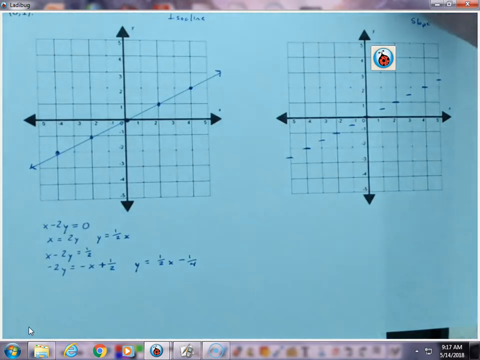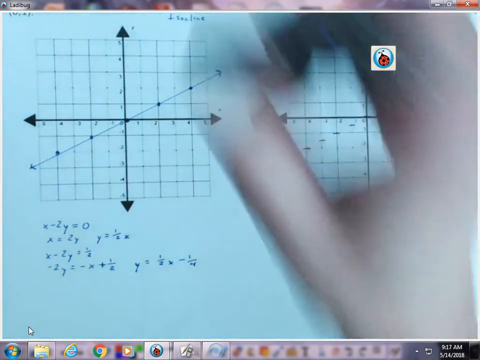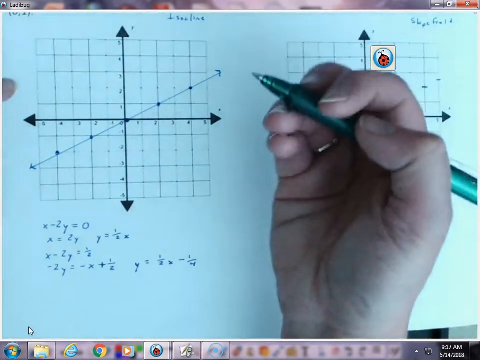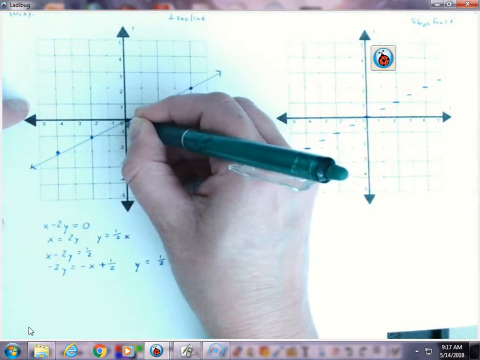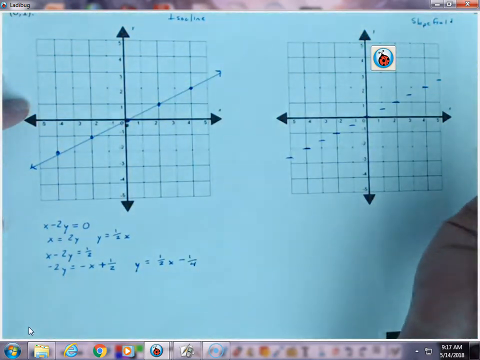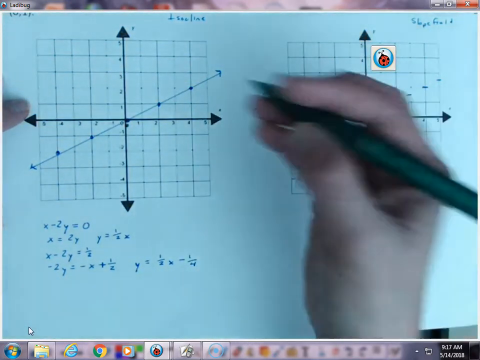All right, so what that means is anywhere along 1/2 x minus 1/4, I'm going to have a slope of what? Okay, so what I want you to do on this one is just draw 1/2 x minus 1/4. So that's going to have a y-intercept of negative 1/4. Okay, and from there you're going up 1 over 2.